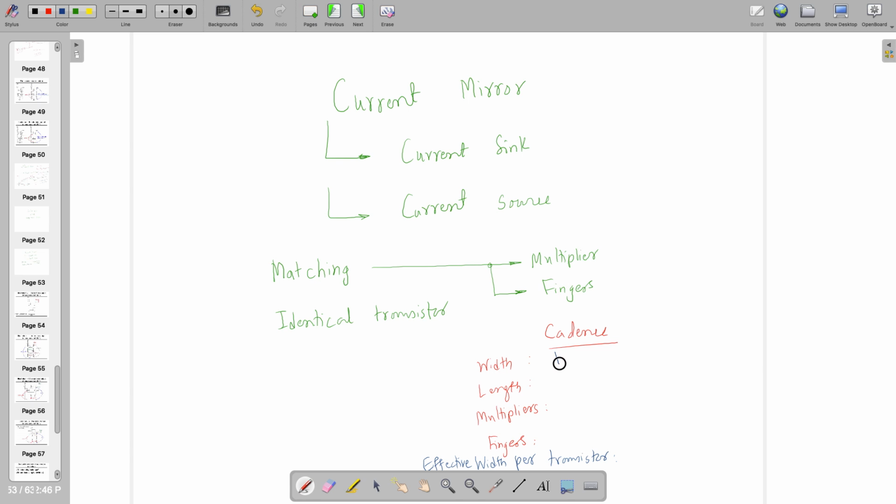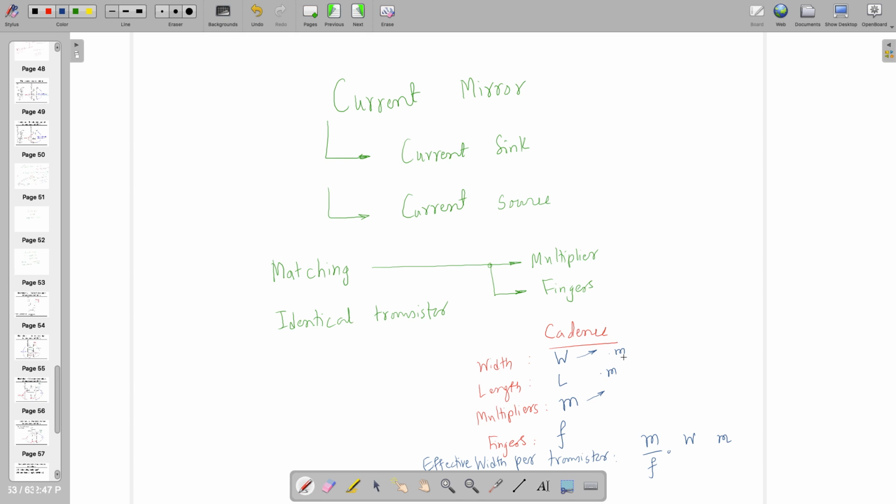So width might be, let's say, W, L is L, and if there is some m number of multiplier, it means those many transistors are in parallel and you have to make them separately. Whereas in fingers, let's say there are f number of fingers, then the effective width per transistor, considering m number of multiplier and width of W, is going to be equal to m divided by f times W by L, by the way. That will be the effective width per transistor, sorry, I should write down just this one because the unit of this one is meter. This is also in meter.